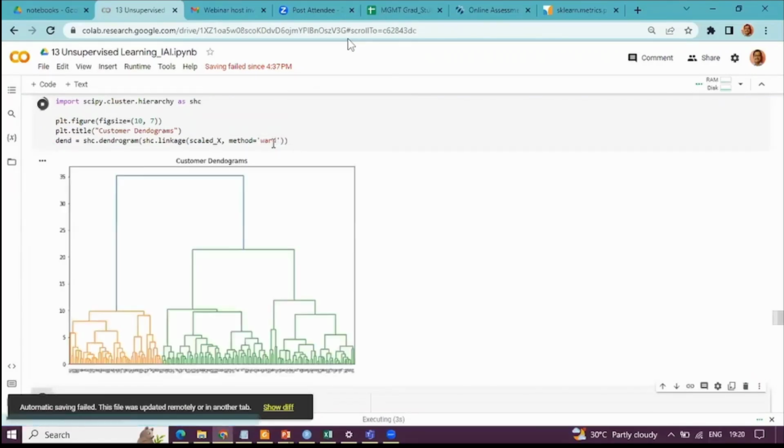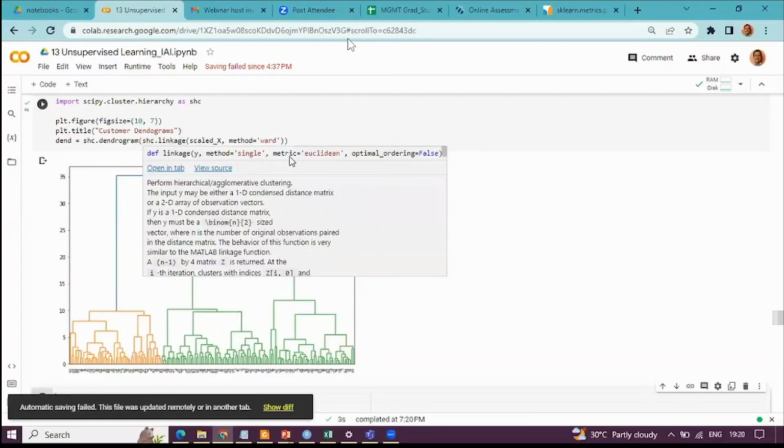So probably we are getting different solutions and probably different clusters also when we are changing the method. And even we can change the distance metric. By default, it's a Euclidean metric that is considered, but you can very well change those metrics also.